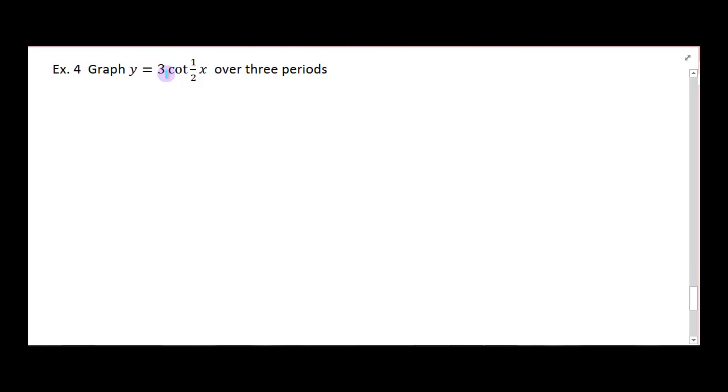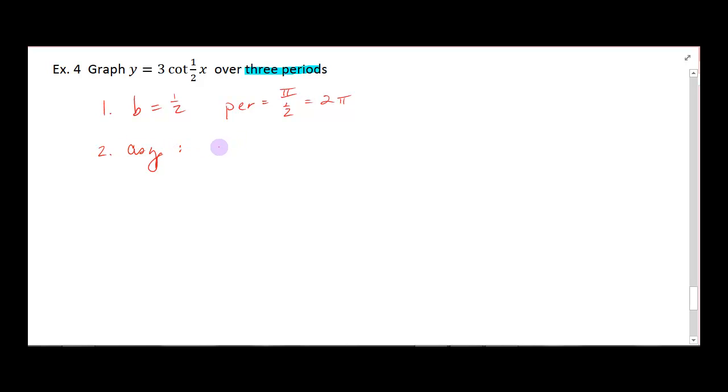Here I want to graph the function 3 cotangent of 1/2 x, and I'm going to do this over 3 periods. So the first thing that I want to do is determine what b is, and b is the coefficient next to the variable x. So since b is 1/2, the period, which is pi over b, or pi over 1/2, ends up being 2 pi. The second thing I want to do is determine what the asymptotes are.